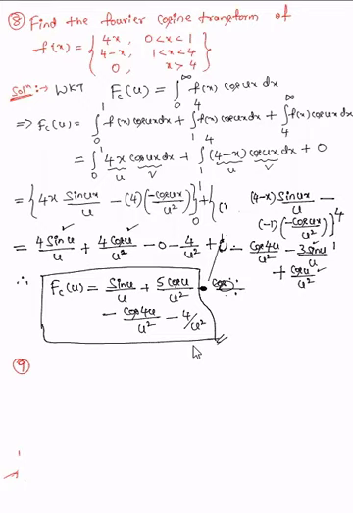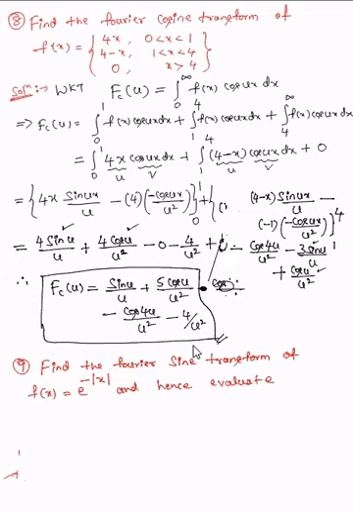Find the Fourier sine transform of f of x equals e power minus mod x, and hence evaluate the integral from 0 to infinity of x into sin mx divided by 1 plus x square into dx, m greater than 0.